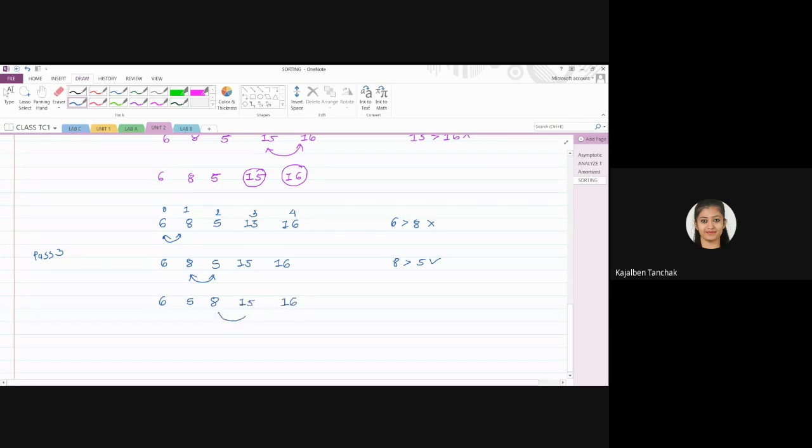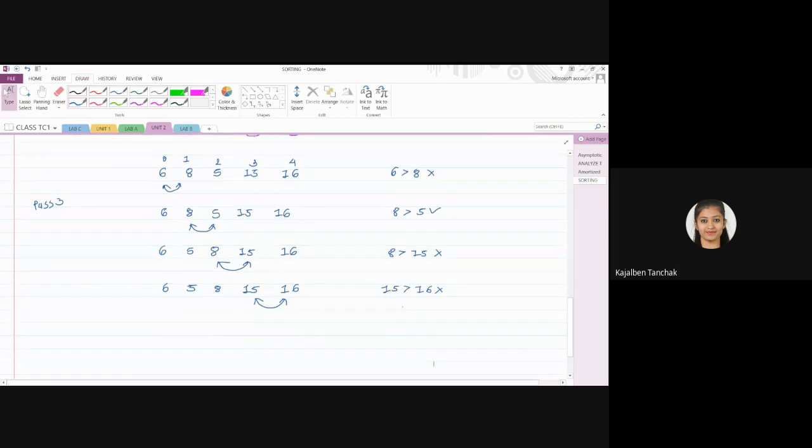Now you will compare 8 with 15. Is 8 greater than 15? No, this condition is false. So no swapping is required. Here it is 15 and 16. And next you will compare two elements 15 and 16. Is 15 greater than 16? No, this is not true. Right?